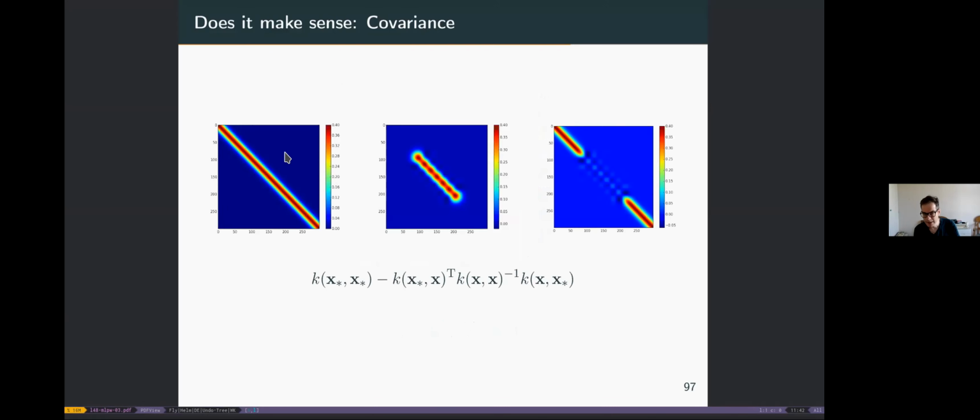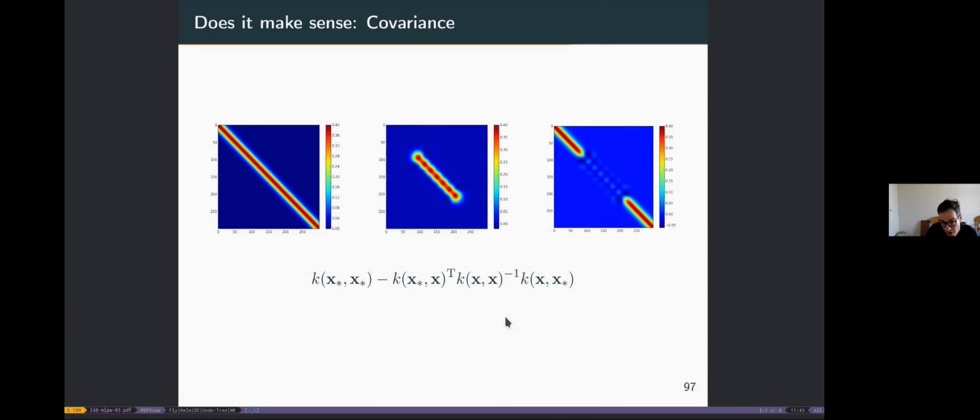So then let's look at the covariance elements. The covariance of that predictive Gaussian looks like this. The first matrix is this. That's just my prior, my Gaussian process prior. It says the points close to each other covary, and then the further away they get, they don't covary very much.